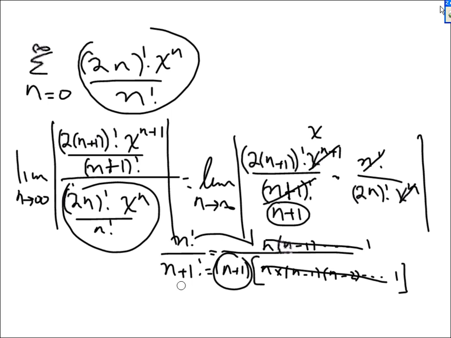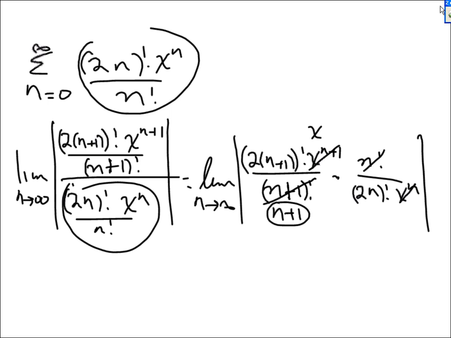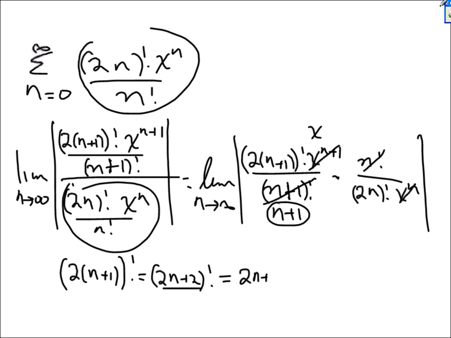Okay, now for the 2n and the 2n plus 1. Two times n plus 1, that happens to be 2n plus 2. And if we're taking the factorial of it, it's this number, 2n plus 2, times 1 less, 2n plus 1, times 1 less, all the way down.